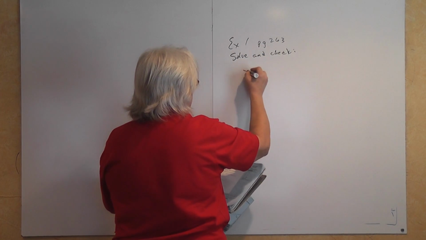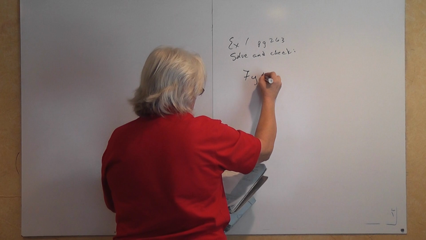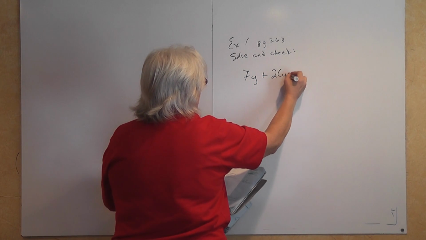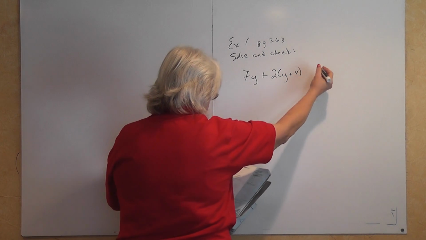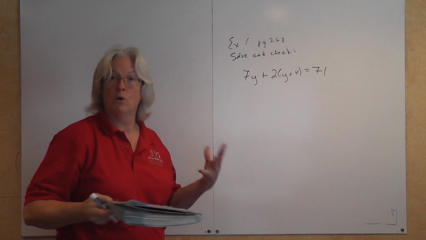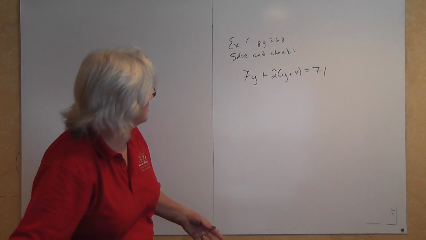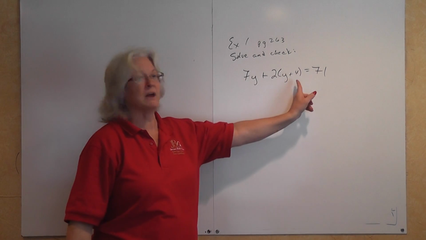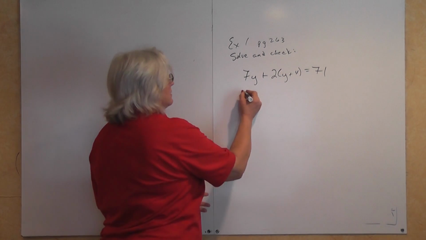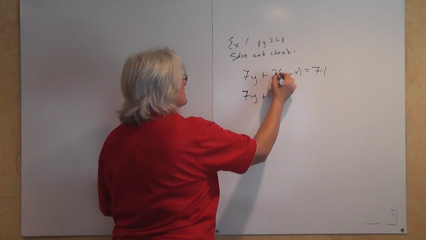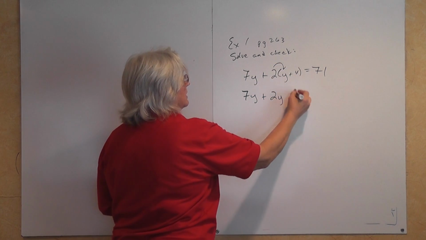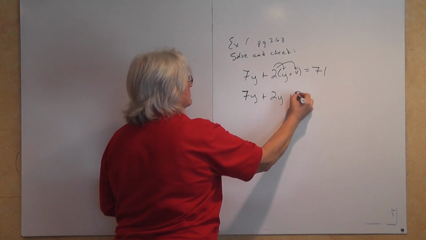This says 7y plus 2 times the quantity y plus 4 is equal to 71. What are we going to do to solve this problem? We have the distributive property first that we need to apply. 7y plus 2 times y plus 2 times 4 is 8.